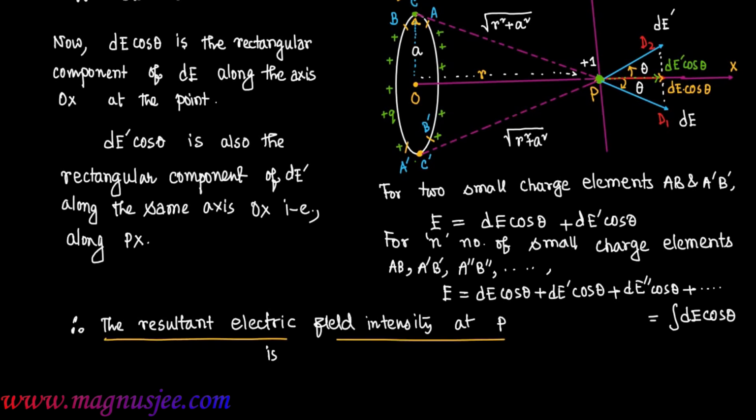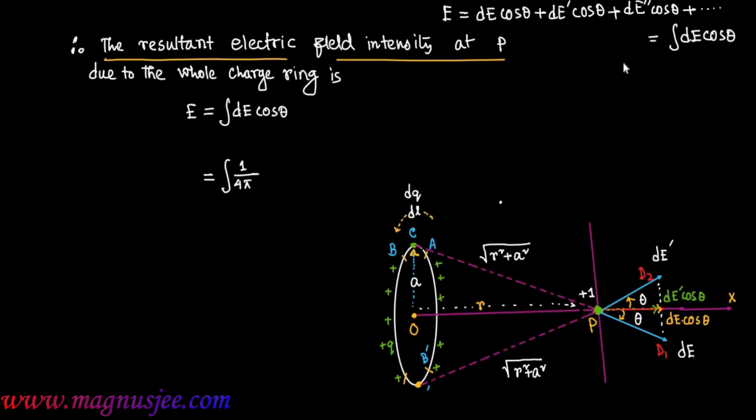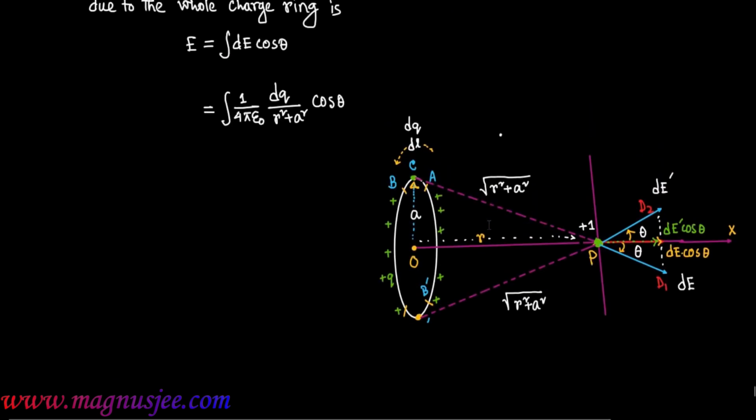Therefore, the resultant electric field intensity at the point P due to the entire portion of the charged ring is given by E equal integration dE cos theta equal integration 1 by 4 pi epsilon 0 dq divided by r square plus a square cos theta.